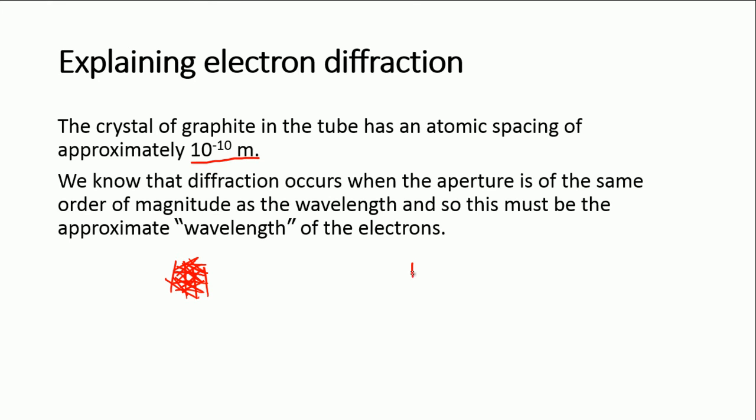Now if you remember your earlier study in physics, if the size of the aperture, which I'll call d, is roughly equal to the wavelength of the waves, whatever type of waves you've got, that's lambda, so if d is approximately equal to lambda, what you get is very strong diffraction. So what we're saying here is that the wavelength of the electrons must be somewhere in the region of 10 to the minus 10 meters, which is a very, very short wavelength.